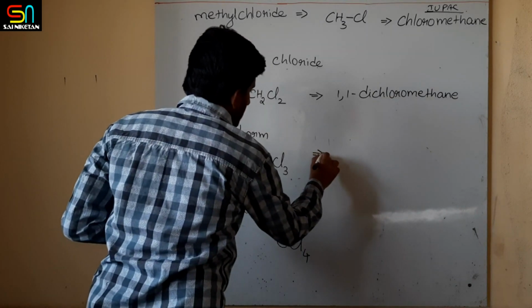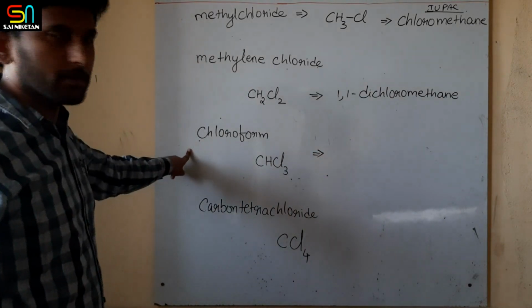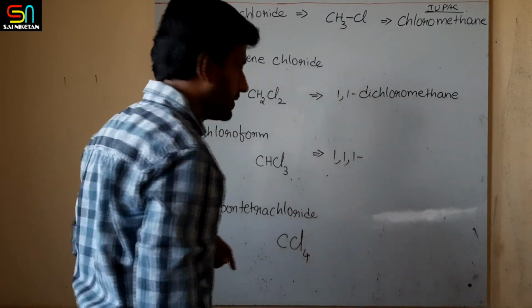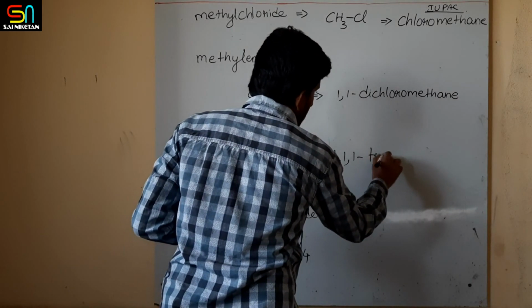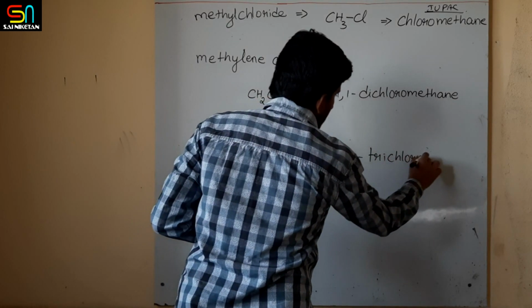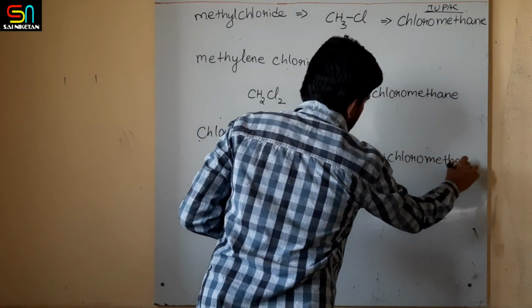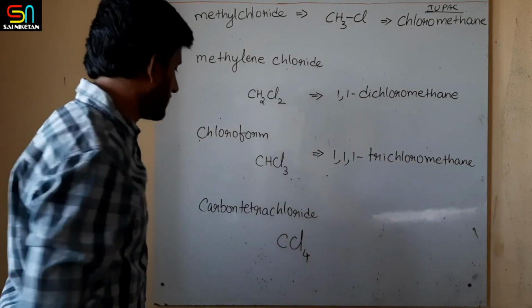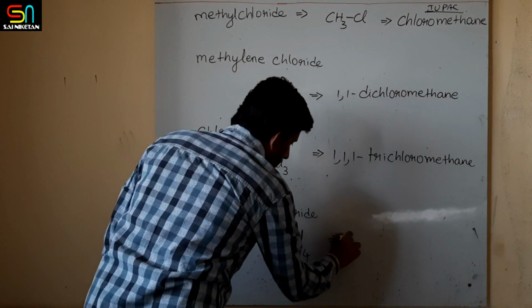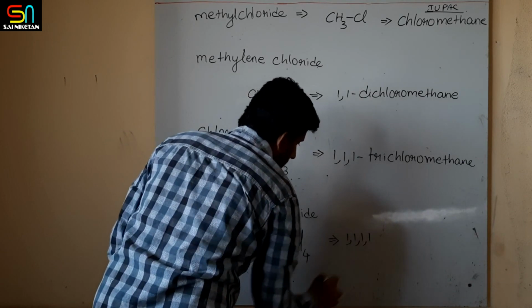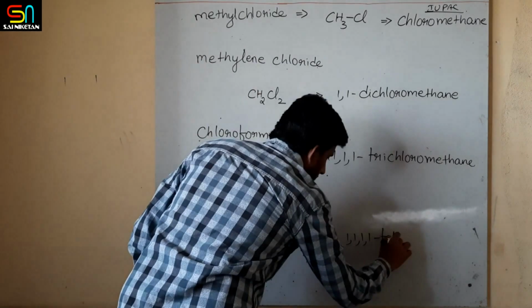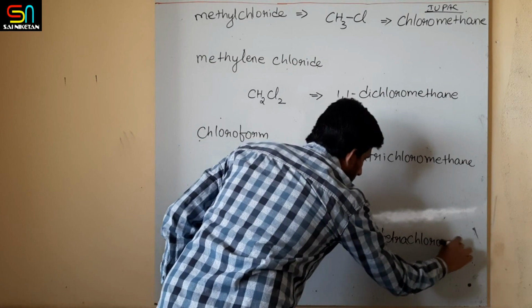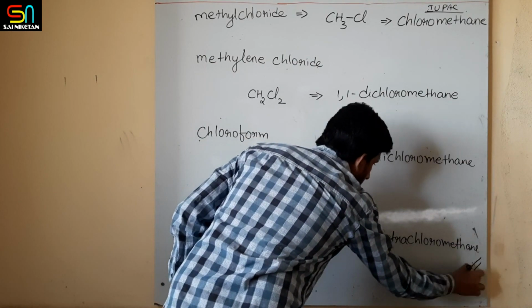What will be the IUPAC name of chloroform? Trichloromethane. Similarly, the IUPAC name of carbon tetrachloride, CCl4, is tetrachloromethane.